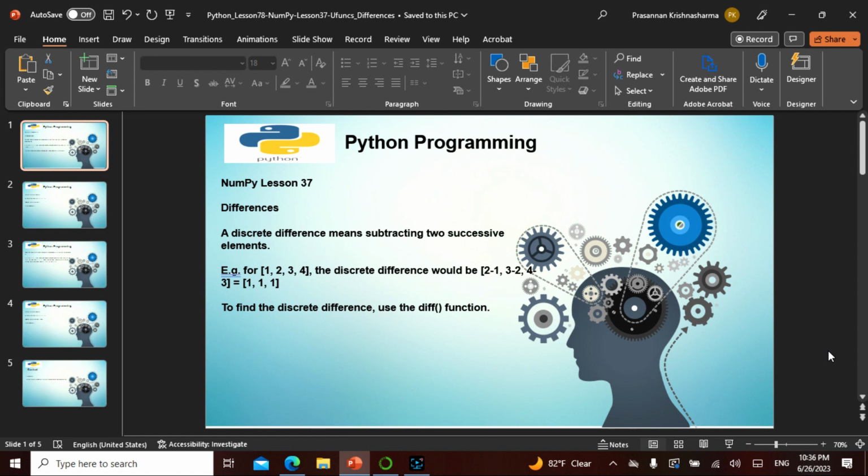So today, in chapter 37 of universal functions and lesson 78 in the Python family, we will be seeing universal function differences. So what is a difference? At a high level, a difference is a subtraction. When we talk about two friends, we ask what the common points are and what the difference points are. How is that person different? That person can be super intelligent, super tall, super slim, or lighter in color.